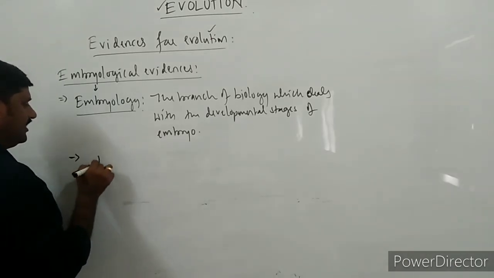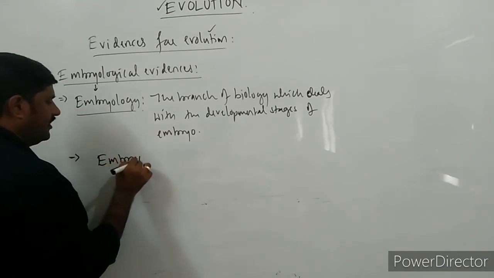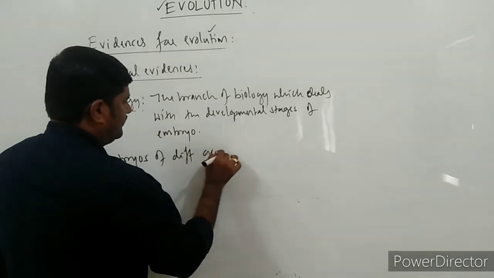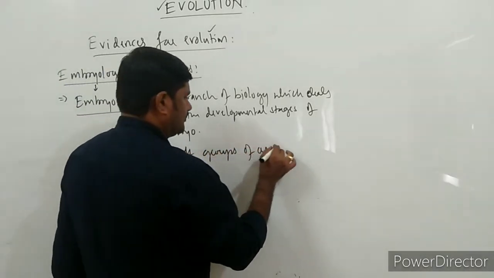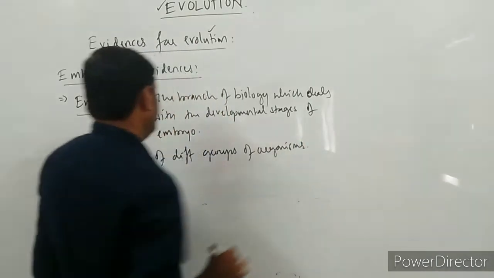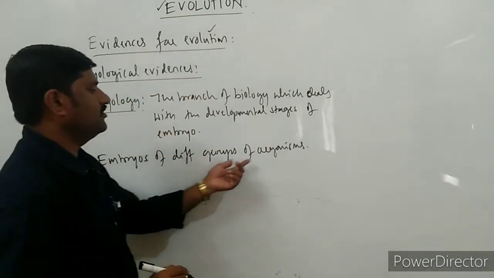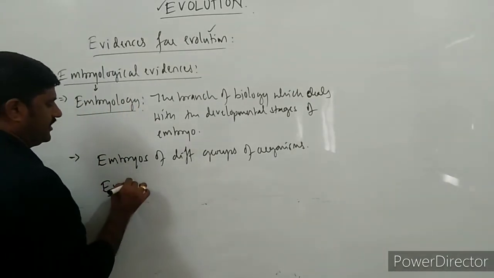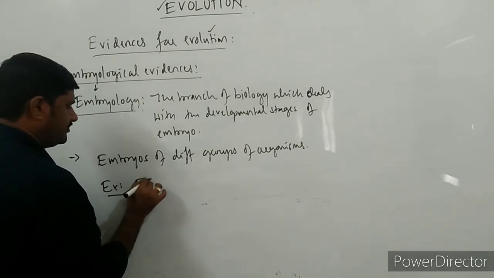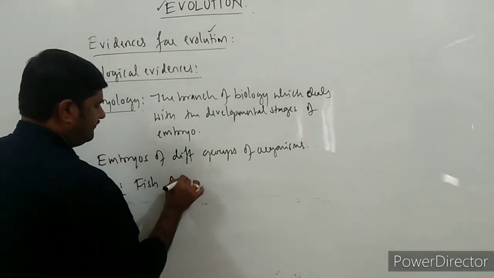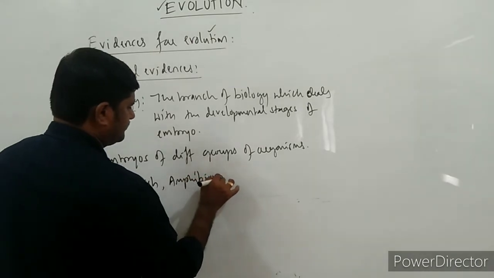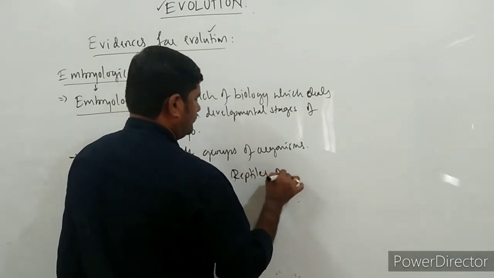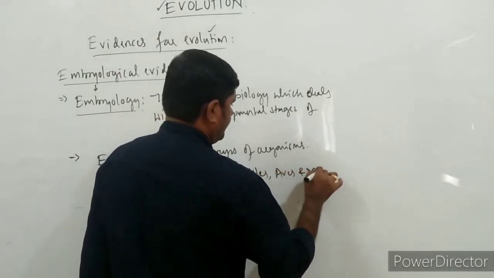So we shall take the embryos of different groups of organisms. Let us go through it. Which embryos have I taken? Those of fish, amphibians, reptiles, apes, and mammals.